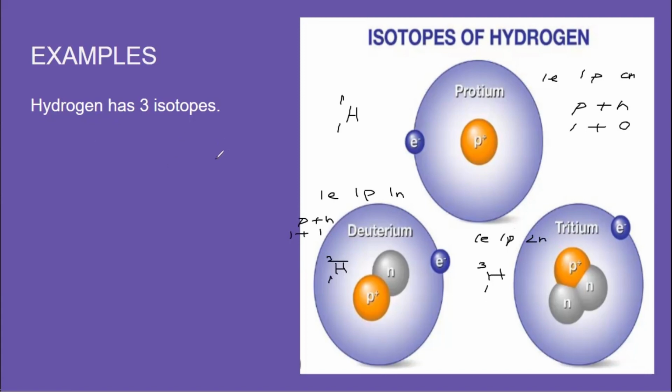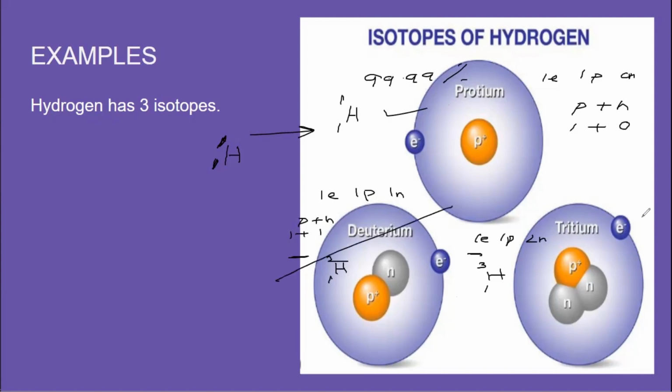But in the periodic table, you will see that hydrogen is written like this. What does it mean? Atomic number 1, atomic mass 1. Why? This is actually protium. The reason is that 99.99% of the particles in a sample of hydrogen are protium. And the others are so few in number that they are negligible.